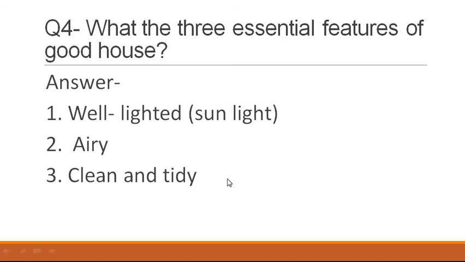So what happens? This also keeps the dirt in the house, which is not good, correct? So the house should be clean and tidy, and you should take precautions for that, which will cure you from different diseases. So these three are very important.